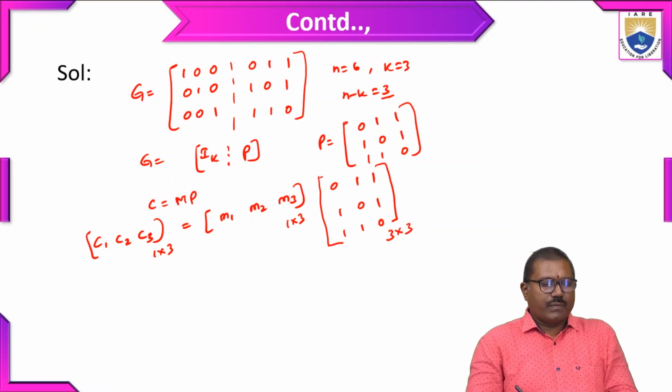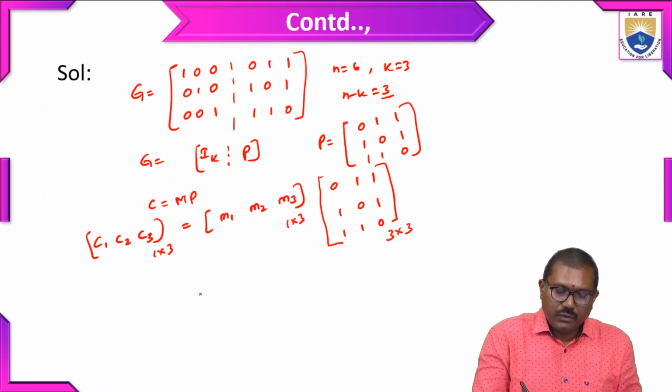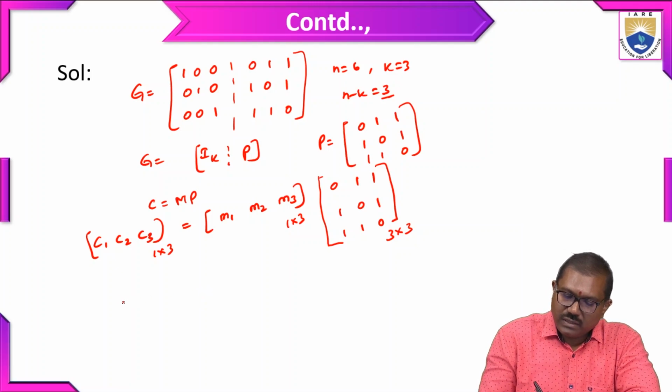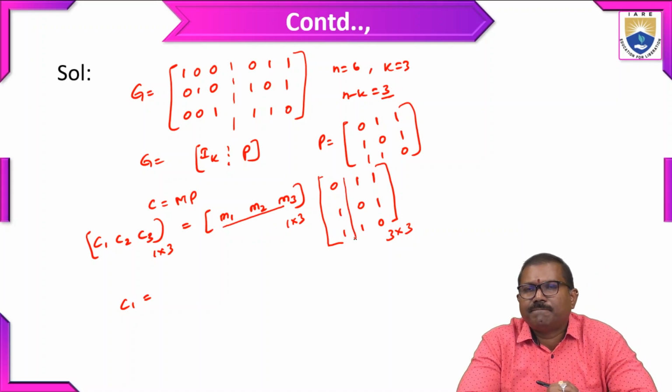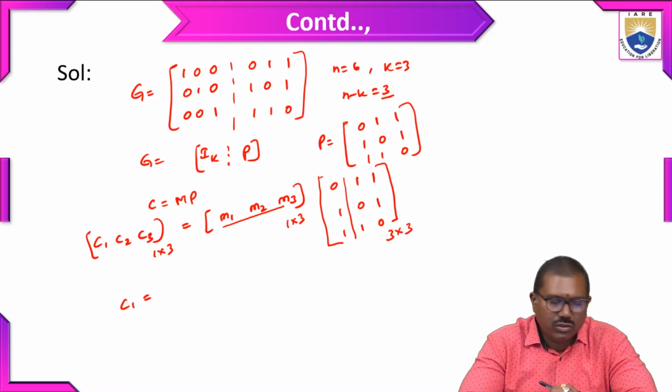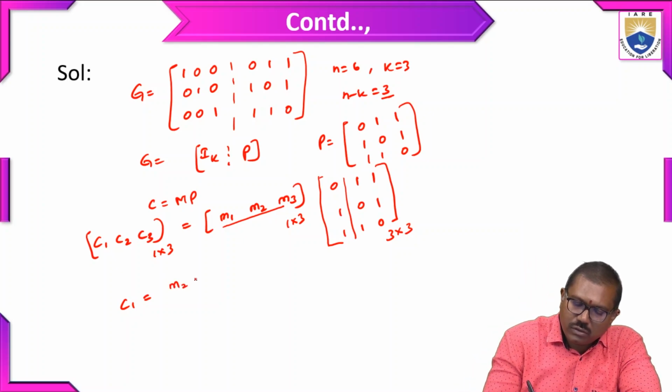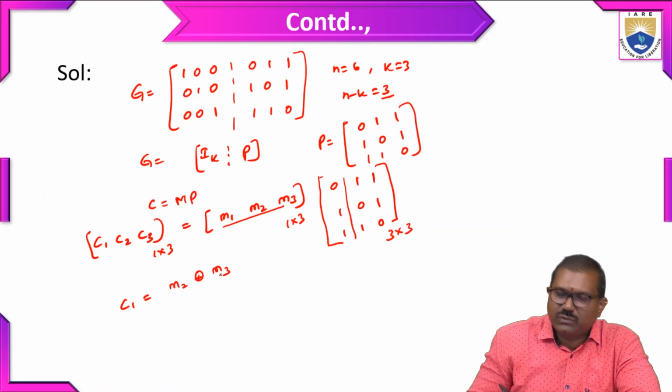Here C1 is obtained by multiplying the first row with the first column. M1 is 0, M2 and M3 are present. So M2 XOR M3 is the first parity.